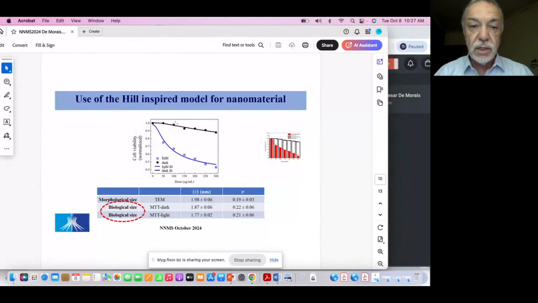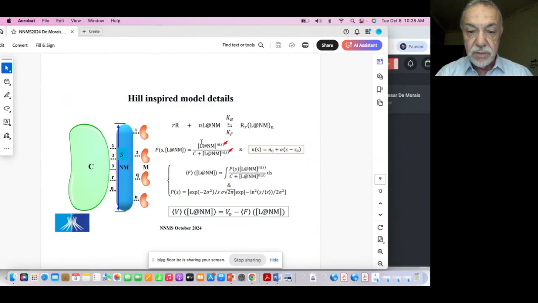Hill model. I took the experimental points here under dark with just the black spots and this plot in the center of my slide, and the experimental data of the cell viability under illumination, which are the blue spots here.